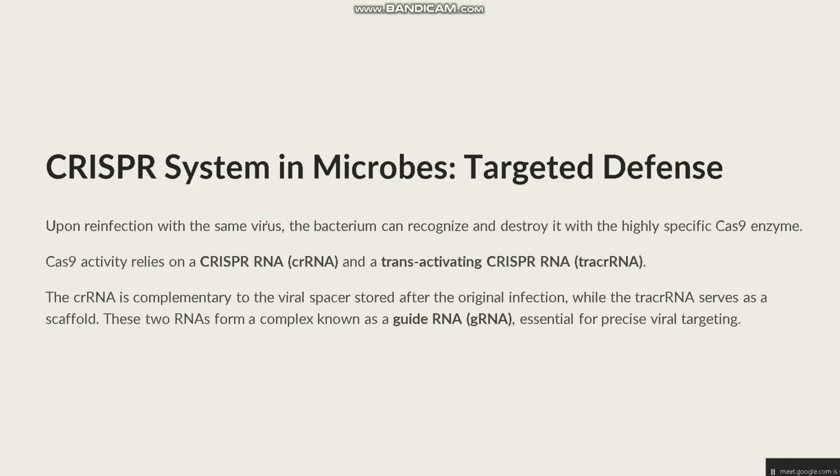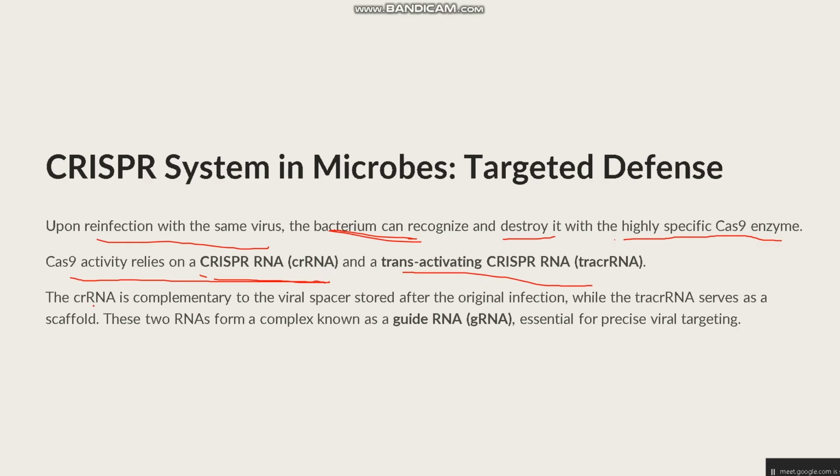CRISPR systems in microbes: targeted defense. Upon reinfection with the same virus, the bacterium can recognize and destroy it with the highly specific Cas9 enzyme. Cas9 activity relies on CRISPR RNA. CRISPR has two components, CRISPR RNA and trans-activating CRISPR RNA.